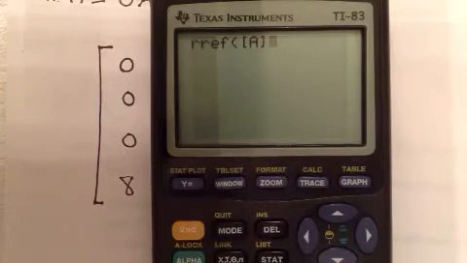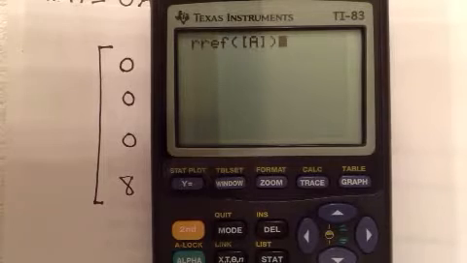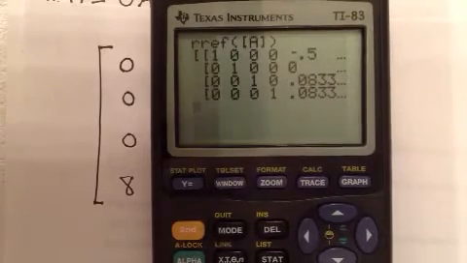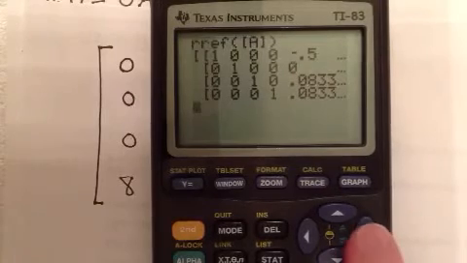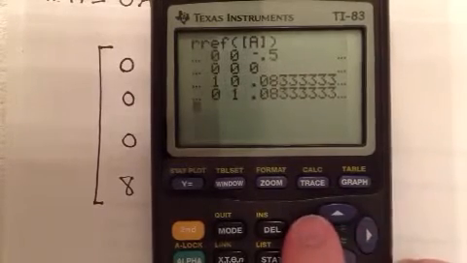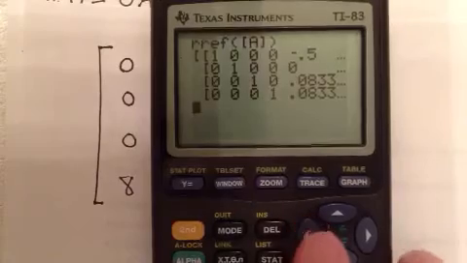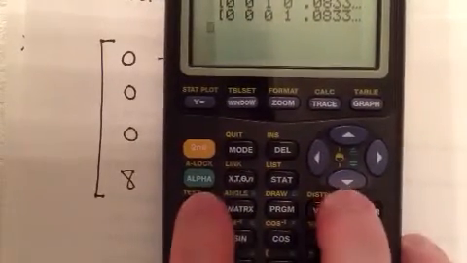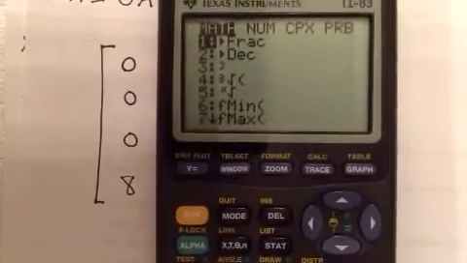We enter the numbers for, in this case, matrix A, and if you notice we have these decimals laid out.